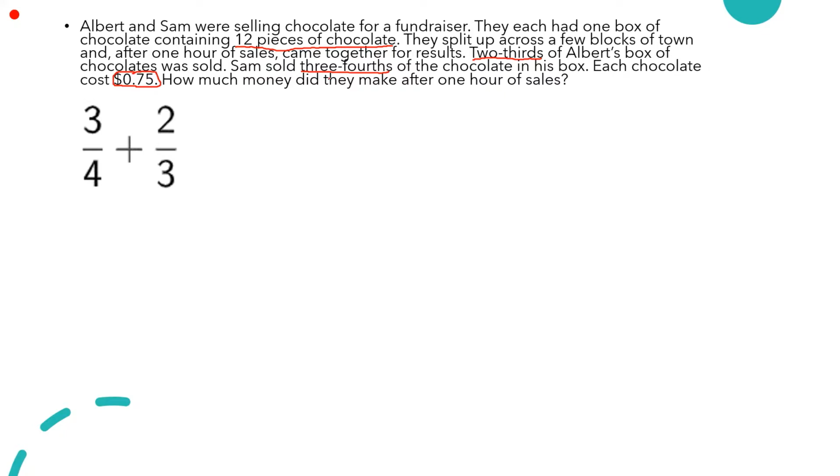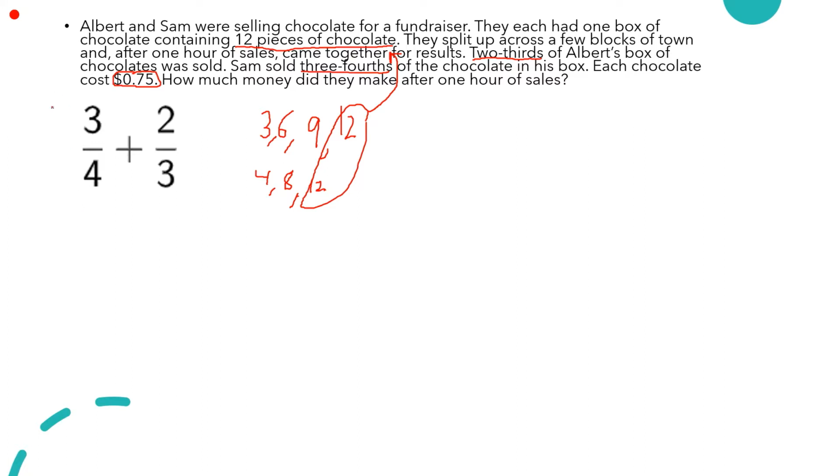We have 3/4 and 2/3, and luckily for us, we've seen 4 and 3 before, so we know the multiples of 3 are 3, 6, 9, 12, and then we have 4, 8, and 12. So we can see pretty clearly that the common denominator is 12, which is the number of chocolates that we had. So this problem has been quite simplified for us.